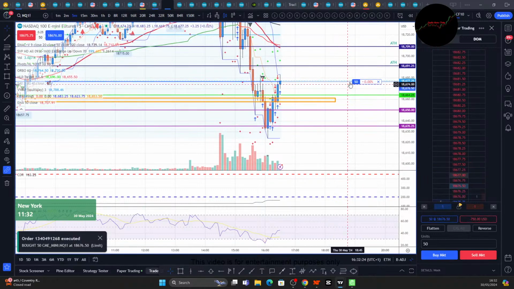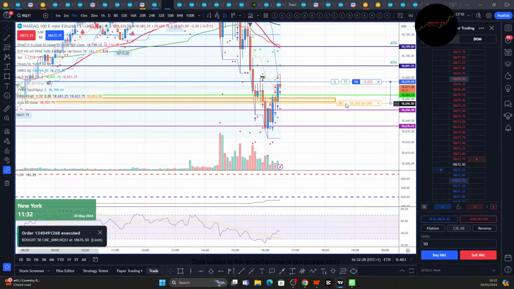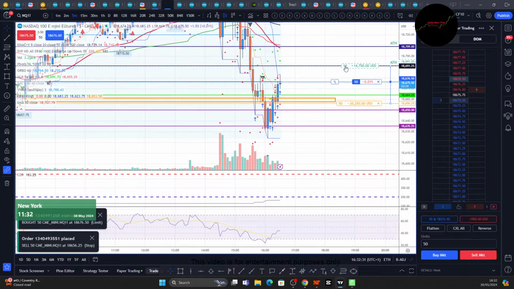Okay, so we're in. Place stop below the previous day's low. Target up at 91.25. Now we wait. You can see negative risk reward.